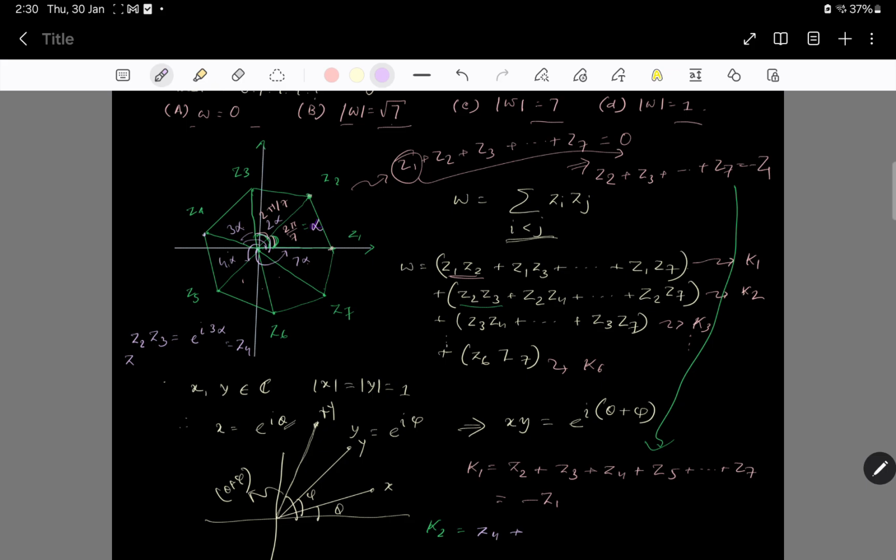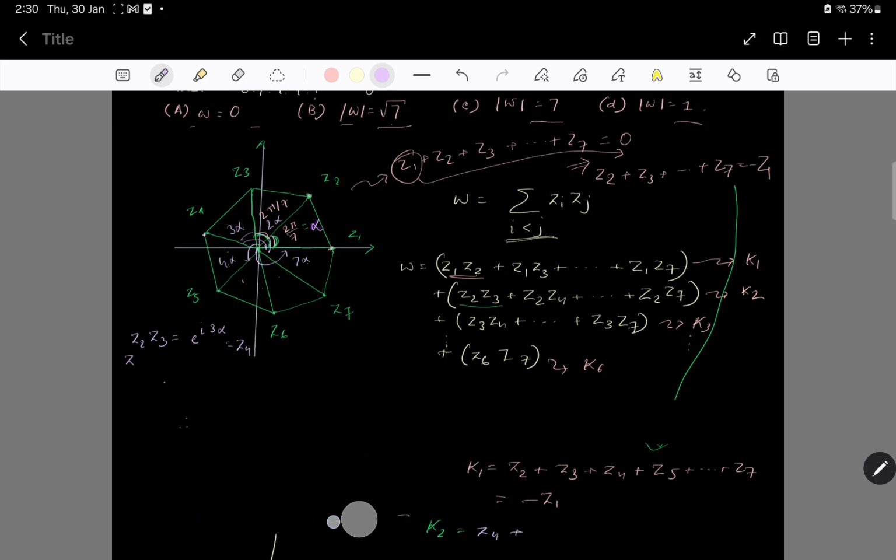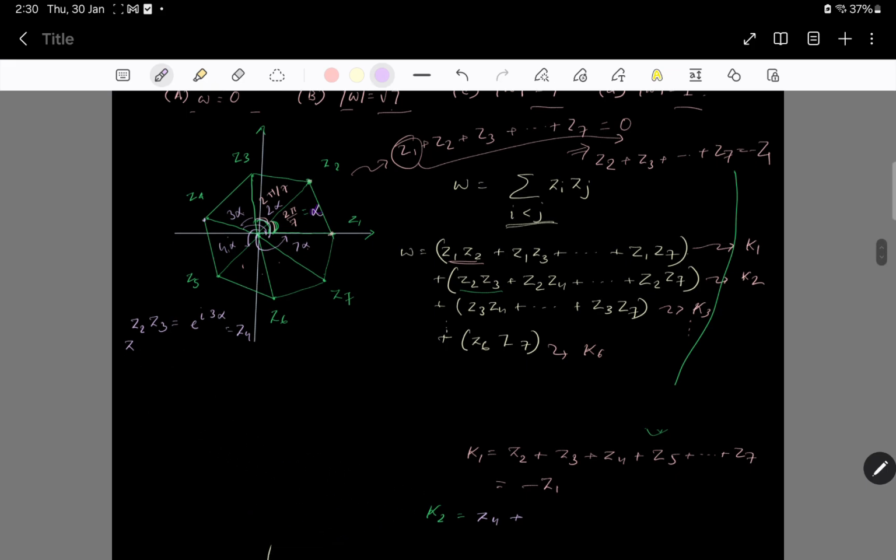I'm erasing this part because you have understood it and it's irrelevant to write it over here. I'm just writing down the necessary terms like z3, z4. So z2 times z4: z2 is e to the power i alpha multiplied with e to the power i 3 alpha, which is e to the power i 4 alpha, and that gives us z5.